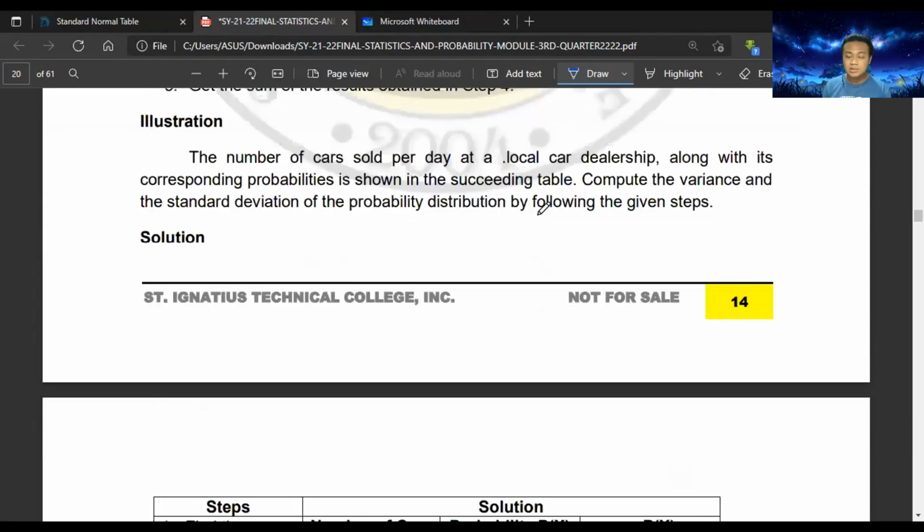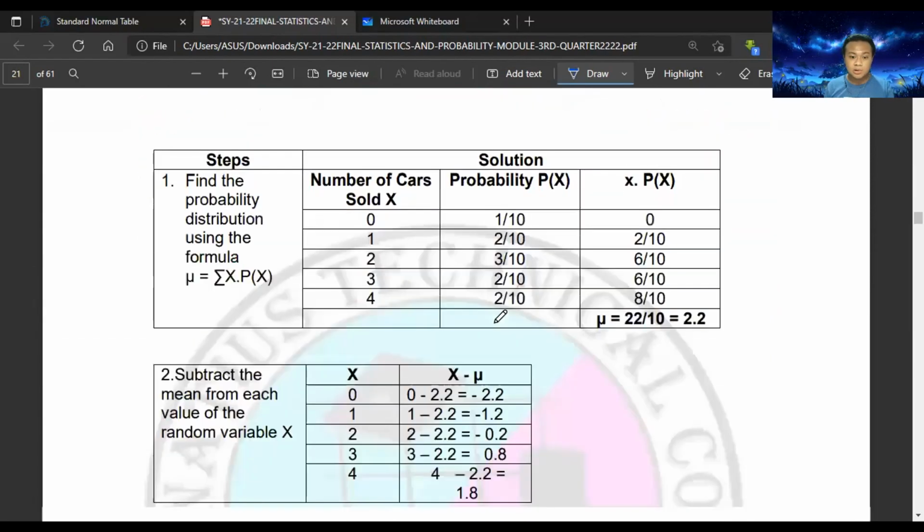Let's do this example problem. The number of cars sold per day at a local car dealership, along with its corresponding probabilities, is shown in the succeeding table. Compute the variance and standard deviation of the probability distribution following the given steps. We are given the number of cars sold: 0, 1, 2, 3, 4. The probability of no cars sold is 1 in 10.